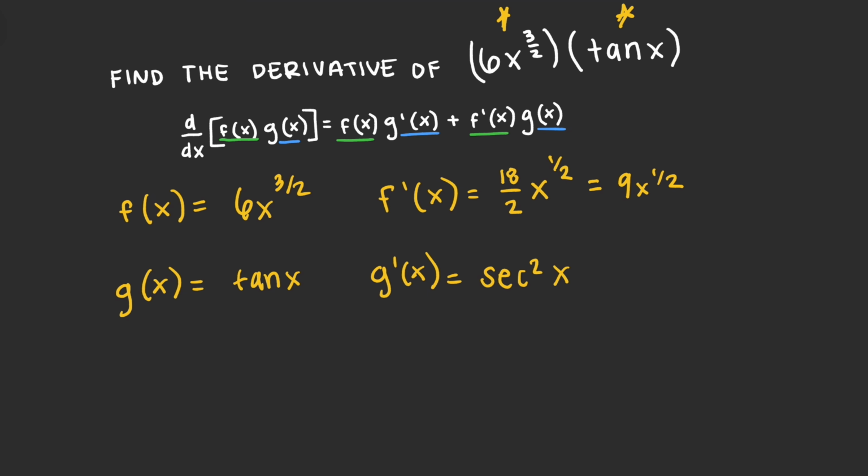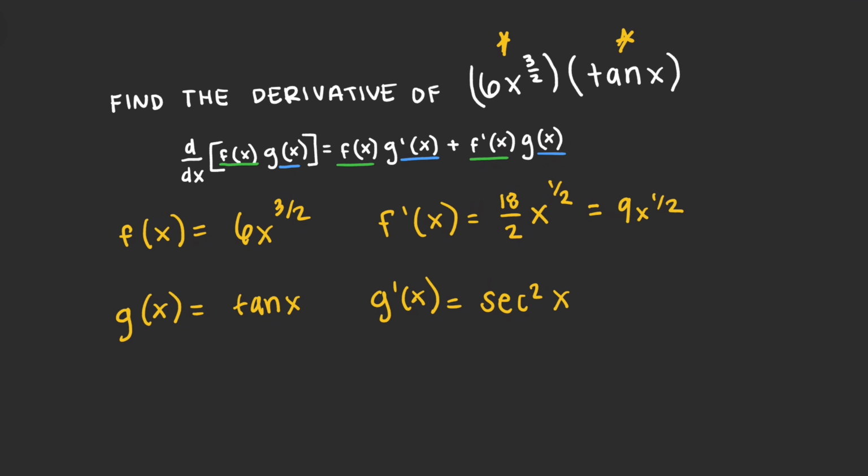So if we plug that all back into our original formula, the product rule right there, we would get 6x to the power of 3/2, and then times g prime of x, which would be times secant squared x, plus f prime of x, which would be 9x to the power of 1/2 times g of x, which is tangent x.